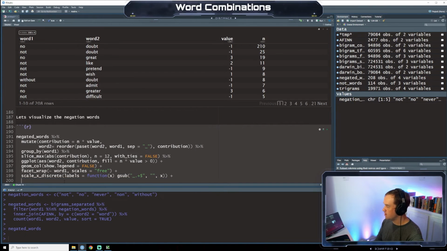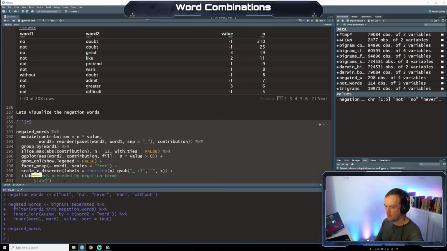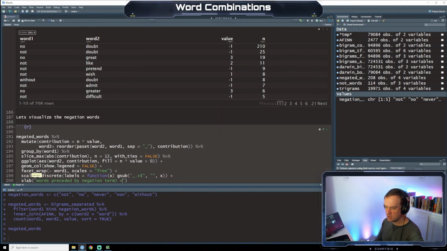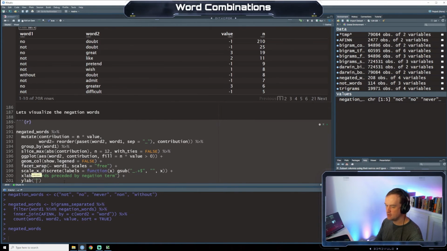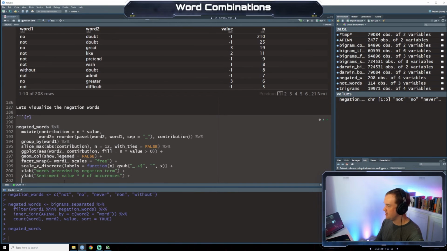And then xlab words preceded by negation term. ylab, sentiment value times number of occurrences, and coord flip.